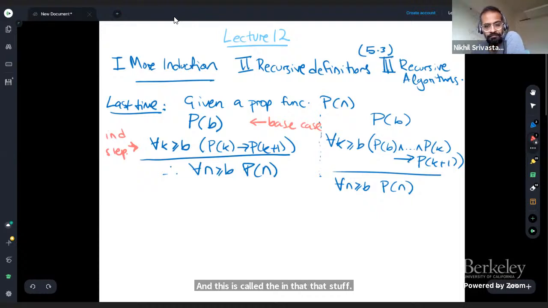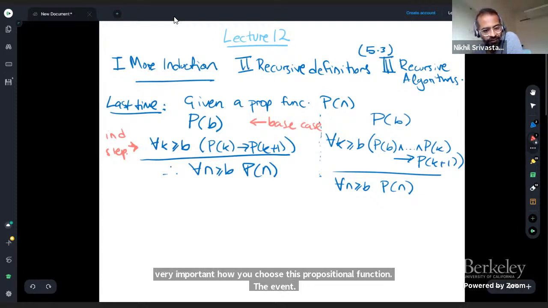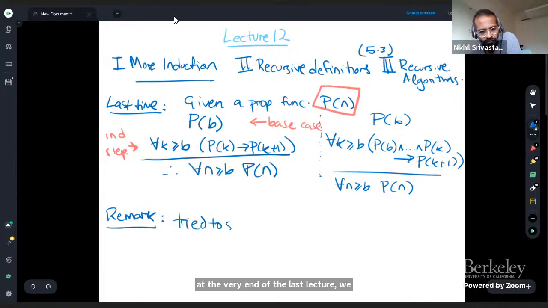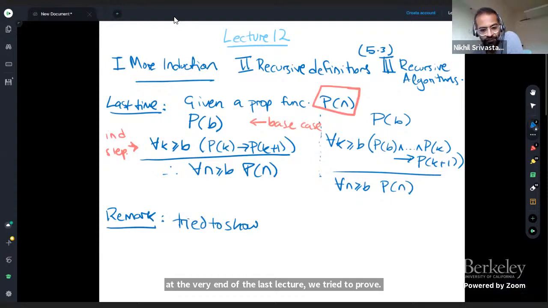I want to make one remark. It's very important how you choose this propositional function P of n. The remark is that at the very end of the last lecture, we tried to prove the uniqueness part of the fundamental theorem of algebra.